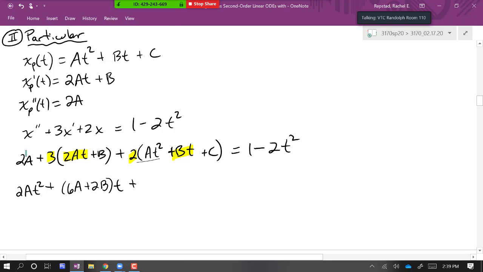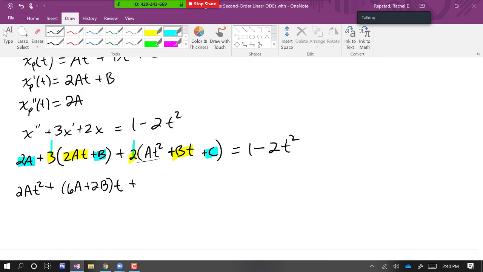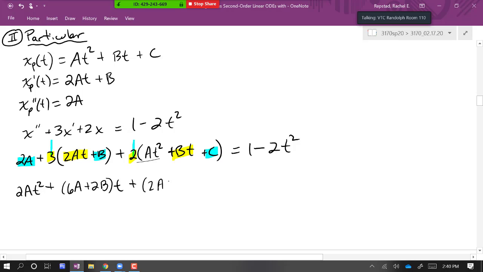And then for the constants, I've got 2a plus 3b plus 2c. I'm doing a couple of steps at once here, expanding each of these products, distributing and combining my like terms all at the same time.